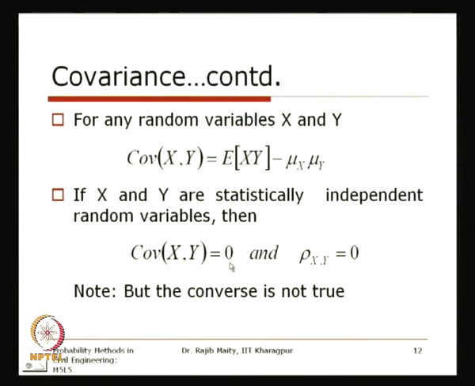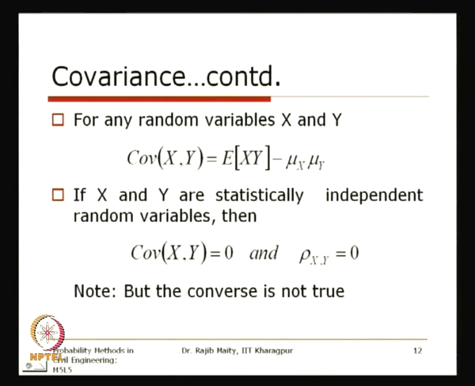After saying all these things, one thing is also important: the converse is not true. The converse not being true means that sometimes we see that the covariance is 0, but that does not indicate that those are statistically independent. If we recall our earlier lecture, two random variables are statistically independent if and only if their joint density is equal to the product of their individual marginals.